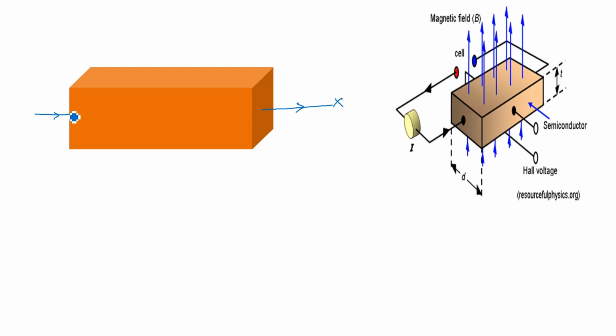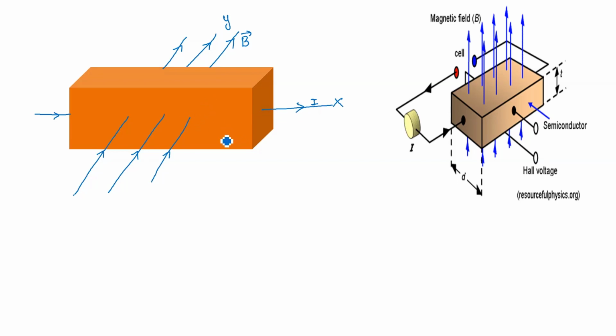Suppose I apply a magnetic field horizontally like this; let me call this direction the y direction. This is the magnetic field which we apply normal to the current passing through this substance.